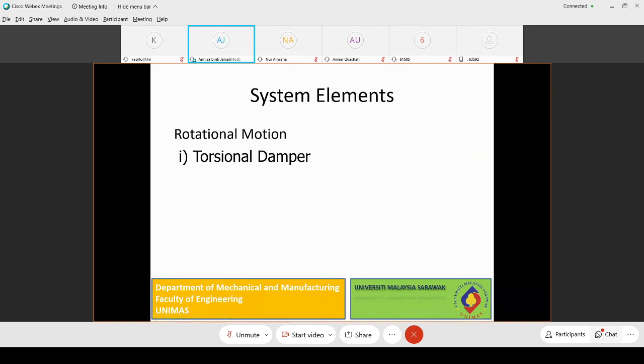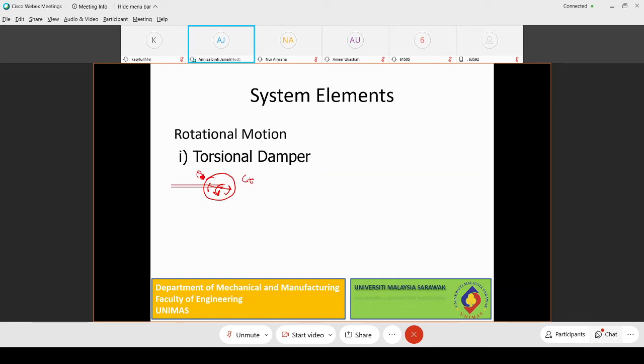Okay, next one is the torsional damper. If let's say we have a damper, I just put a symbol like this. Theta, and we have CT, or BT. This is a constant for the damper itself.